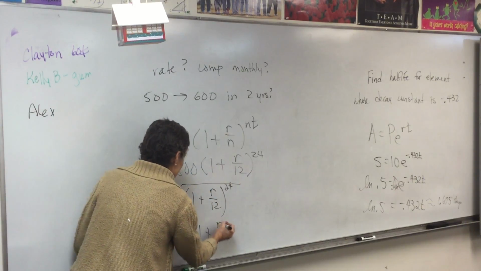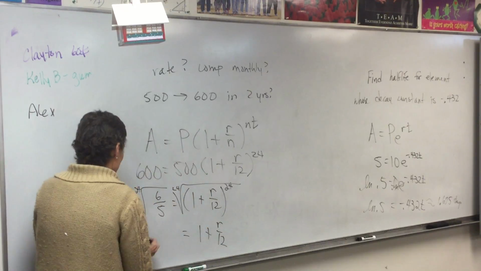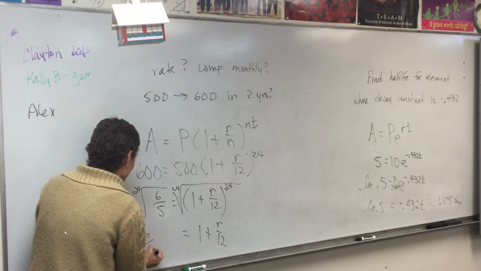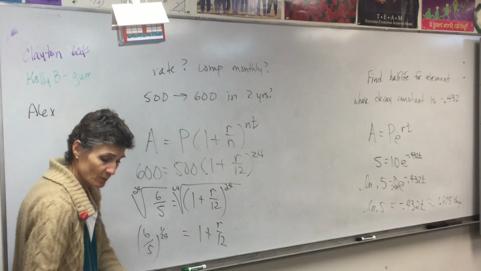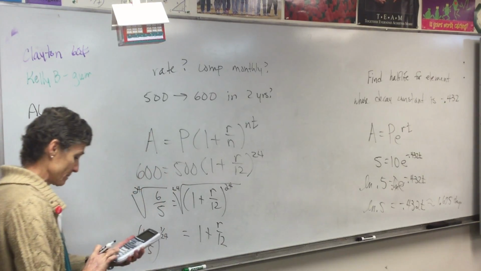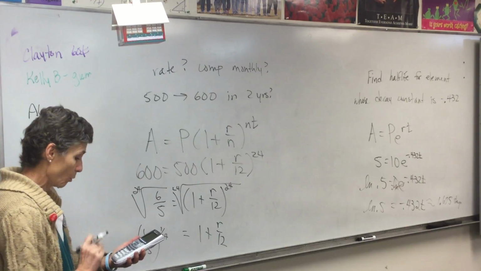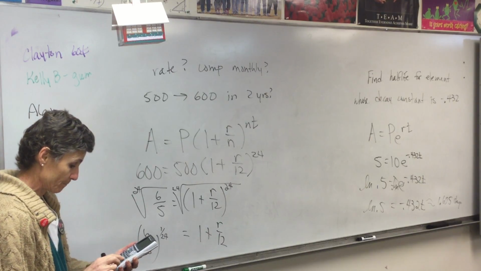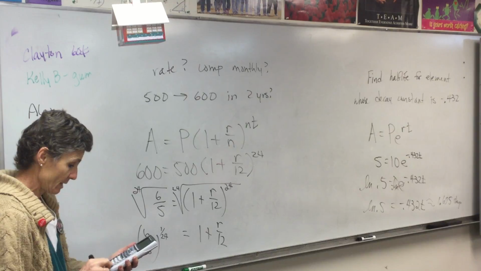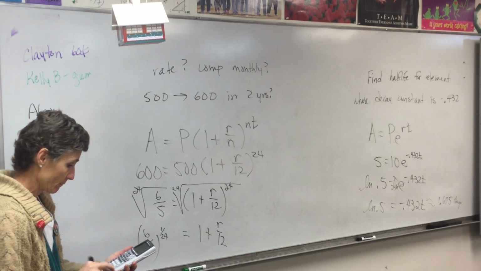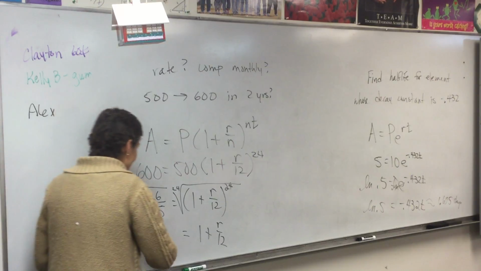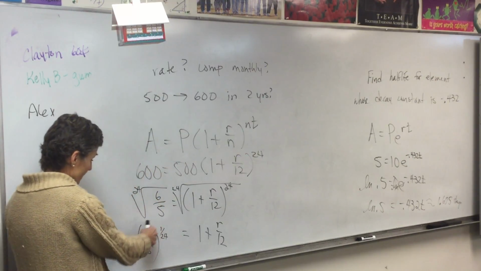So 1 plus r over 12 will be the 24th root of 6/5, which is easier for Mrs. Ford to think of as the 1/24th power. You may certainly do it however you want. So I got that number calculated on my calculator.